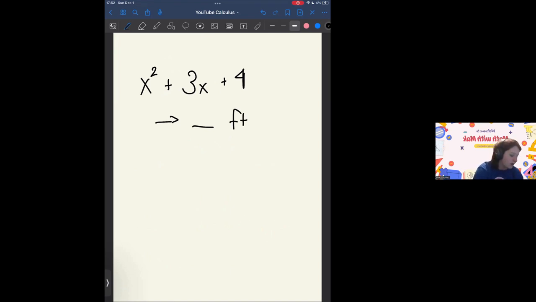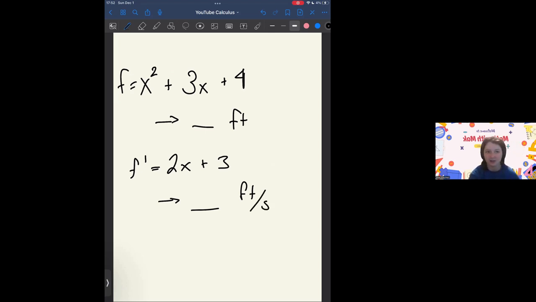This is f of x. Then when I take the derivative of this, which we will go over how to do in a few minutes, I get 2x plus 3, and I drop the 4. This will give me some amount of feet per second, which is my speed or my velocity.